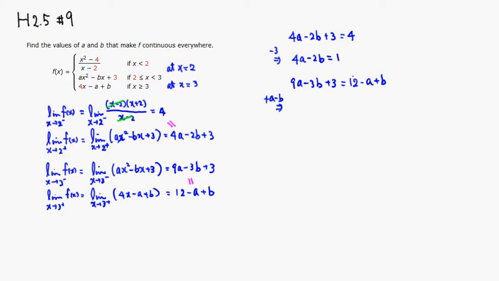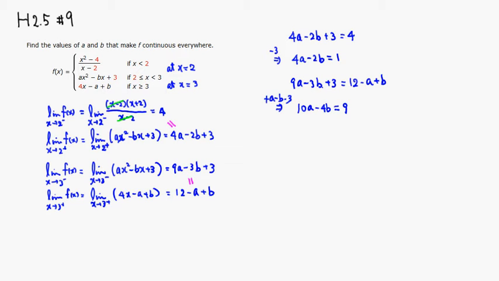Then I'm going to move 3 over to the other side, so I subtract 3. So a plus 9a is 10a, and negative 3b minus b is negative 4b. Alright, 3 minus 3 is 0. So the a and b on the right cancel out, then we subtract 3, so that'll be 9.